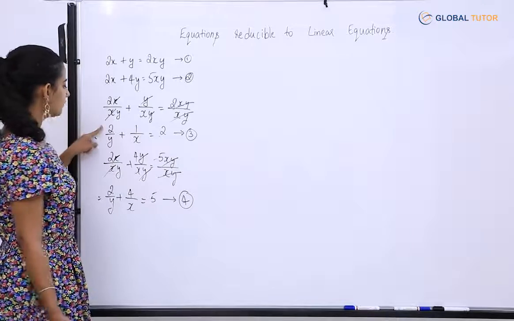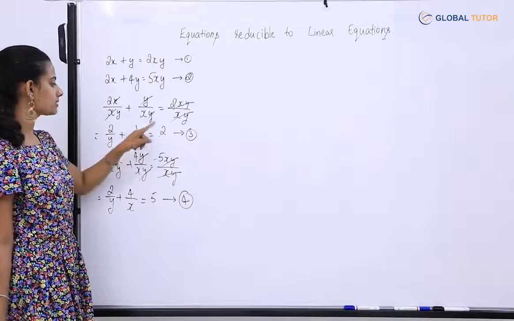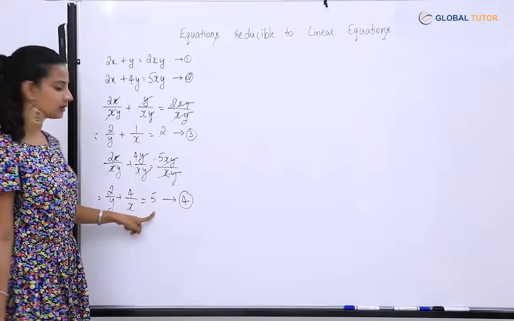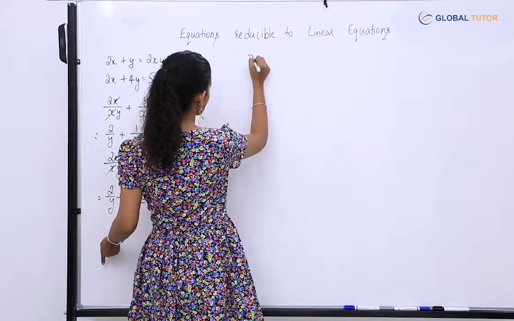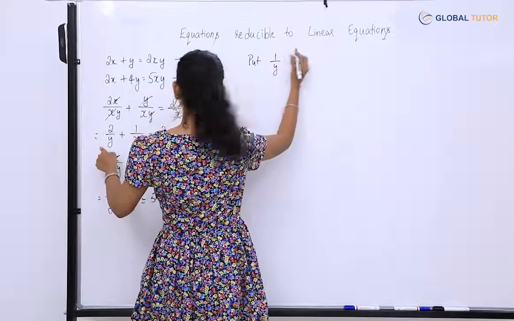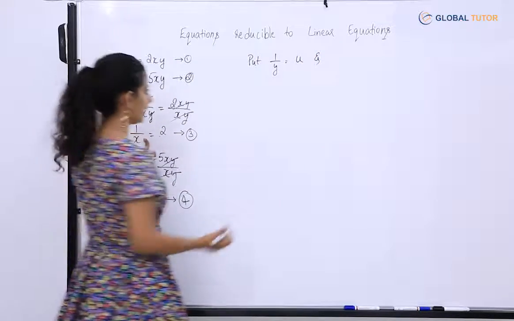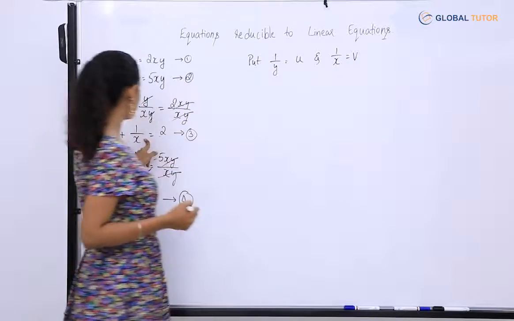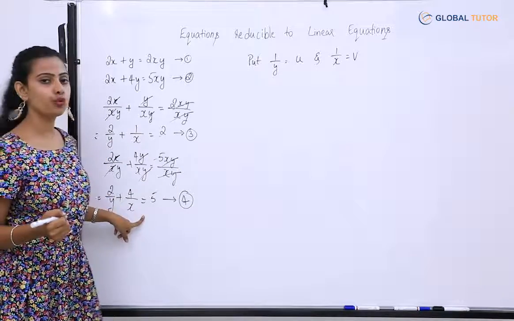So here we just discussed that this can be written as 2 into 1 by y plus 1 into 1 by x is equal to 2. Here it is 2 into 1 by y plus 4 into 1 by x is equal to 5. Since we did it in the last two examples, we are going to assume 1 by y is equal to u and 1 by x as v, and replace this in equations 3 and 4.